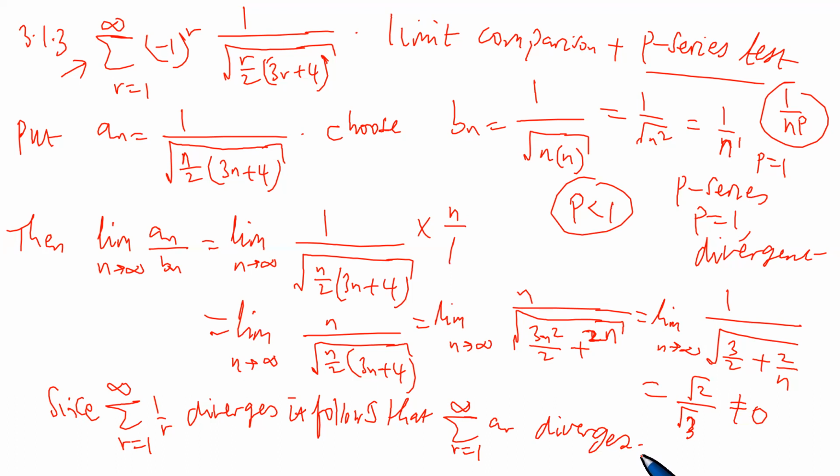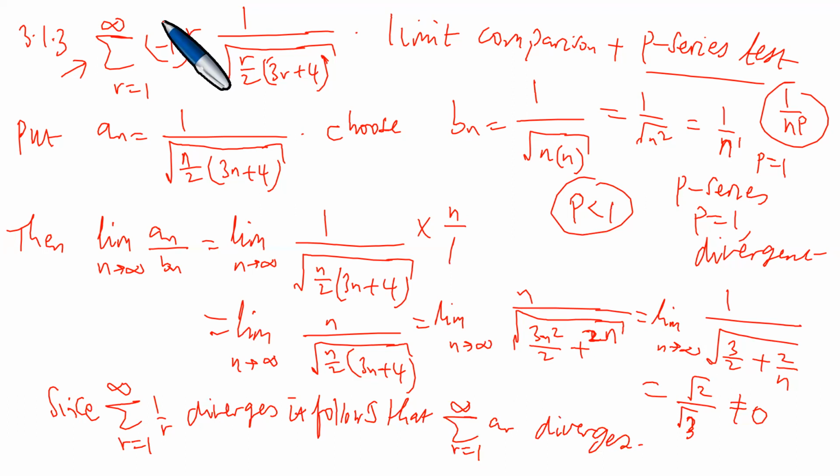So because it diverges, what do we do? It might be conditionally convergent. So we must now proceed to check conditional convergence. Because it's alternating. If it was not alternating, then we would say it's divergent and it's the end.